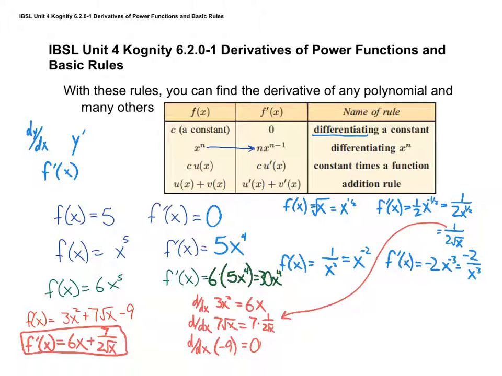And by the way, guys, that's another thing: if you're asked to find the derivative, I do expect you to simplify the negative exponents and that sort of thing. However, if the problem is simply asking you, hey, find the slope of the tangent line at this point, I don't care how much or how little you simplify the derivative itself, because the whole point is to get that slope at the end.